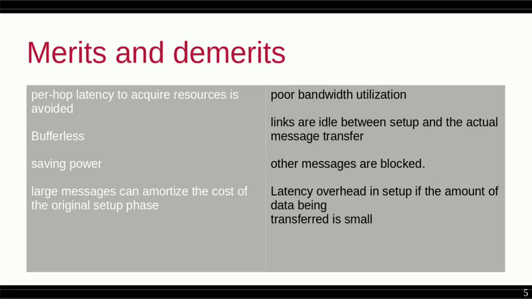In addition to possible latency benefits, it also provides bufferless transmission, as links are pre-reserved and buffers are not needed at each hop to hold packets that are waiting for allocation, thus also saving power.